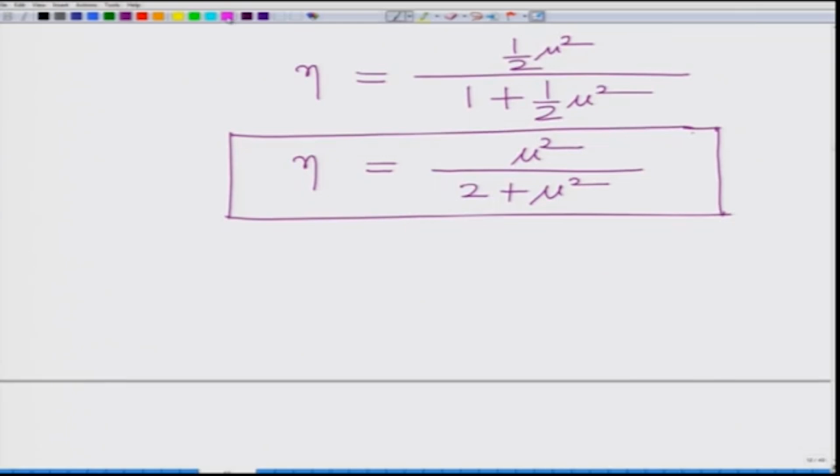This is the expression for efficiency of AM.